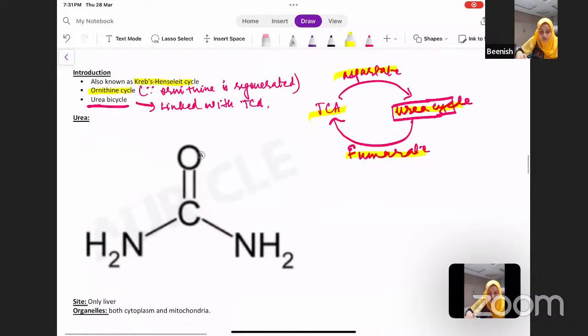Okay, so now before we begin, let's have a look at the structure of urea. Your urea consists of 2 nitrogen and 1 carbon. As you can see, these are the 2 nitrogens and 1 carbon. So one of the nitrogens is coming from ammonium ion.